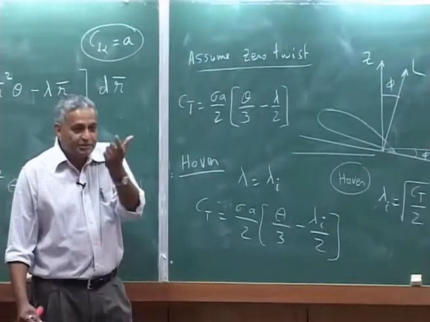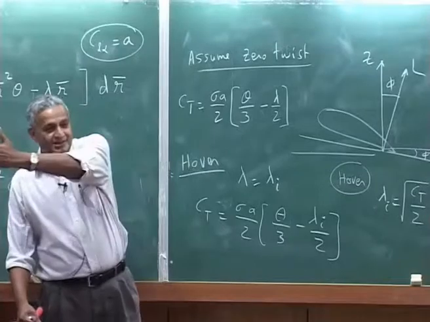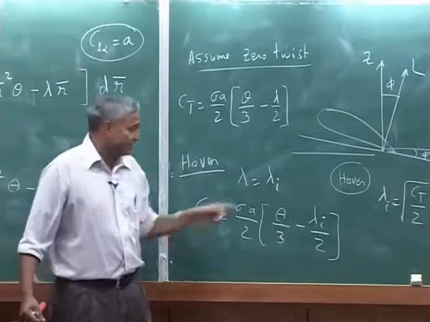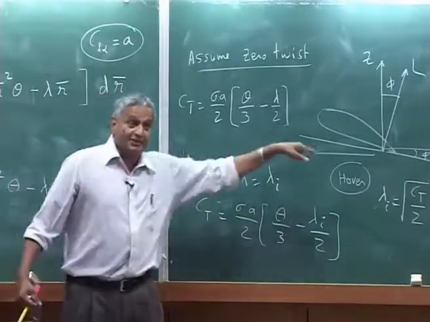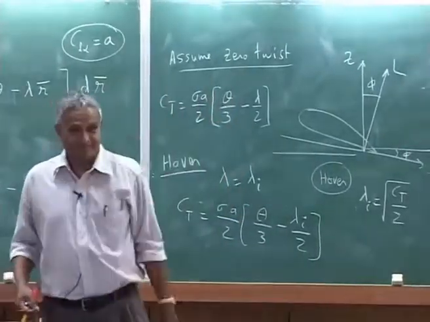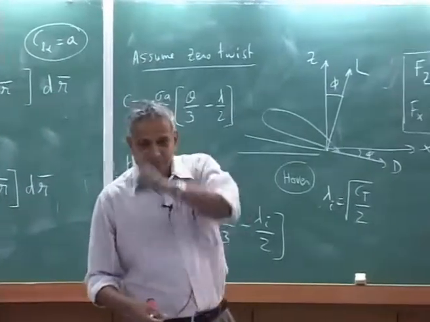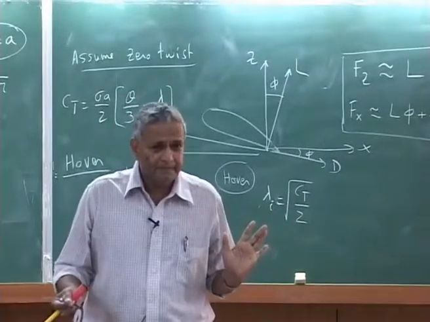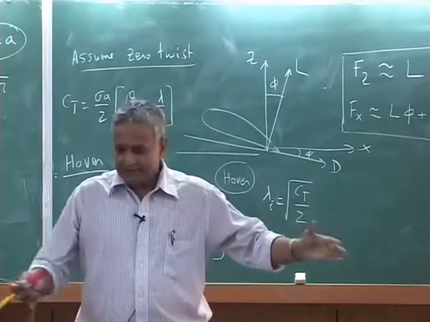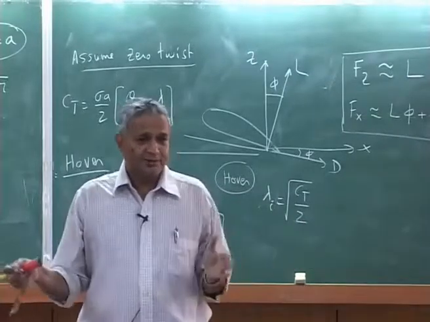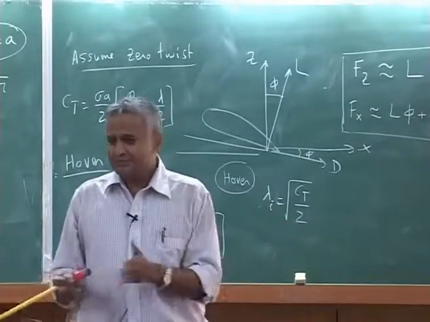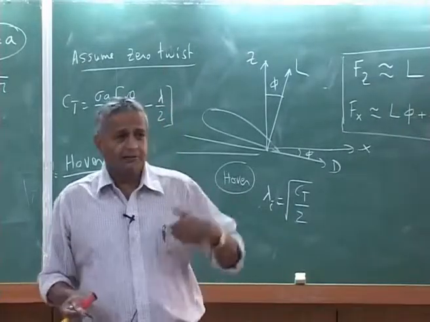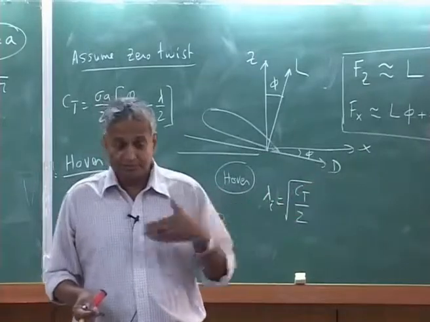So you always have two theories, either you say I take prescribed wake or free wake, any analysis, and then I get the inflow, then use that inflow, put it here, get the thrust, then go back again to see whether that thrust gives me that inflow. Now you see the loop of the calculation in just a very simple problem. If I give you a weight of the helicopter and the rotor radius, some CL alpha, airfoil shape, etc., calculate what should be the pitch angle, you should be able to do it.